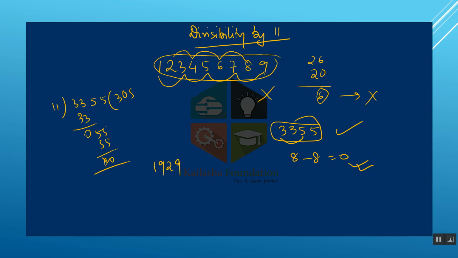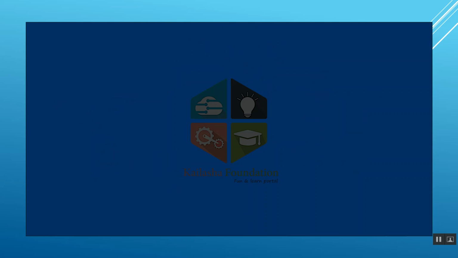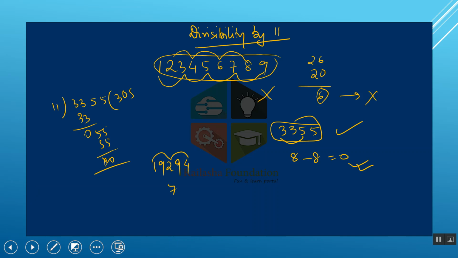19294. 1 and 2 and 4, that is 7. 9 and 9, that is 18.